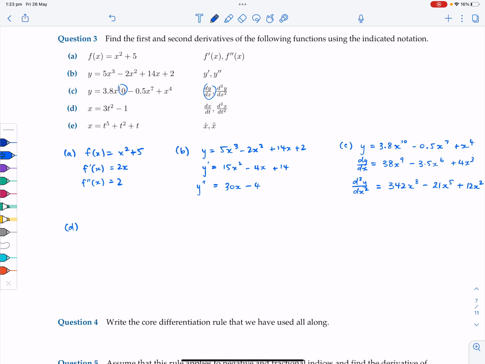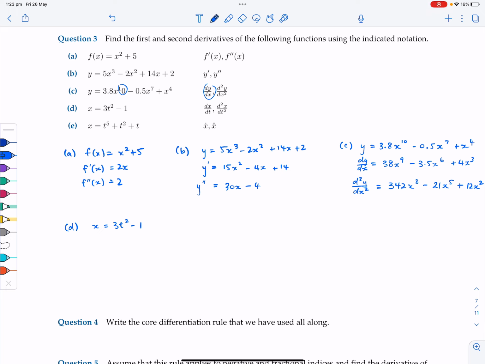Right, now we get to x equals 3t squared minus 1. So here x is actually the dependent variable and t is the independent variable. You come across equations like this in a physics kind of context, which will come up in maths as well. So x is the displacement, like how far away you are from the origin, and t is the time in seconds, for example.